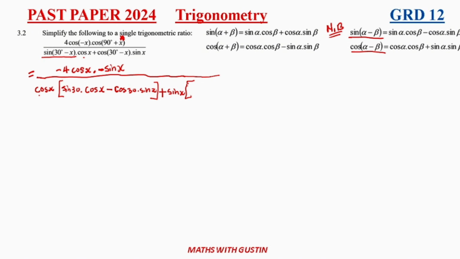So it's going to be cos 30 times cos x. It's a negative, so the sign changes, becomes a positive here, sine 30 and sine x. Close the bracket, then we leave it as it is here.